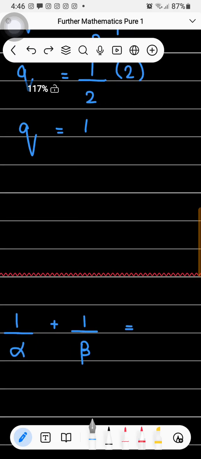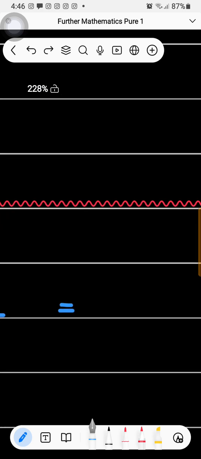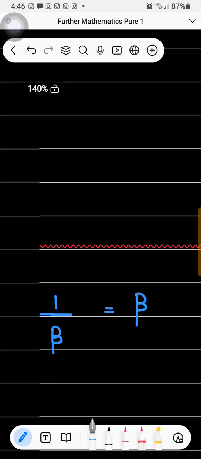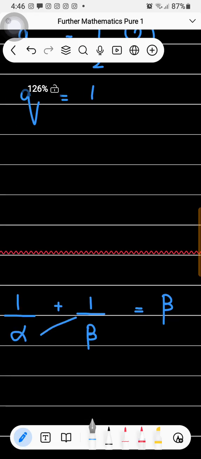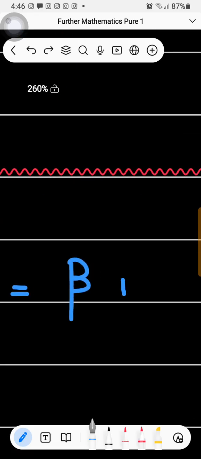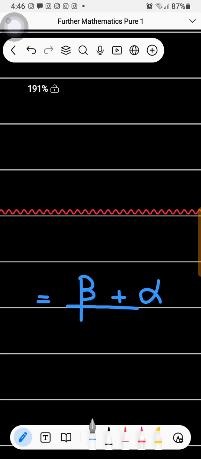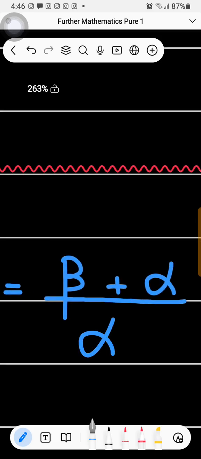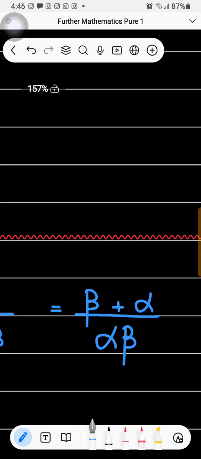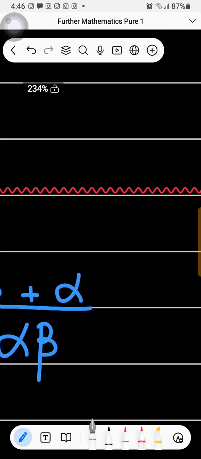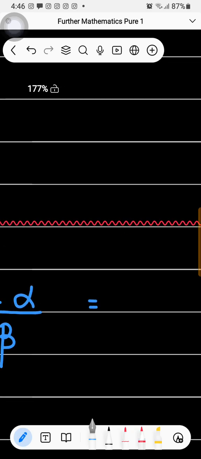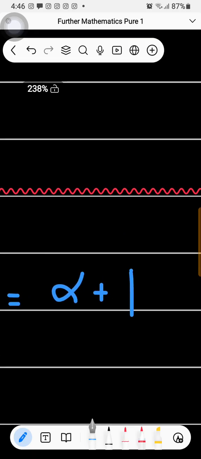If we multiply beta to that, it becomes beta, and alpha to this, it becomes plus alpha, and then in the denominator they both get multiplied and become alpha beta. So we can write this as alpha plus beta upon alpha beta.